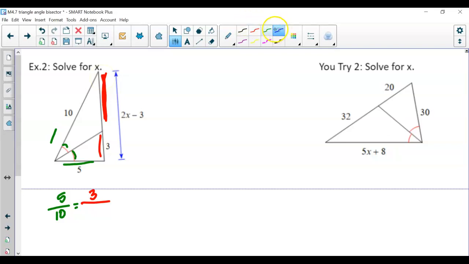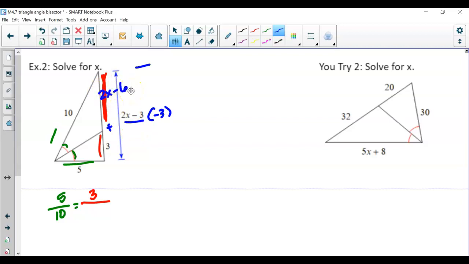Now we know that the whole side is 2x minus 3, which means the two sections added together equal 2x minus 3. So I need to take away this 3 here, and I'm left with 2x minus 6.